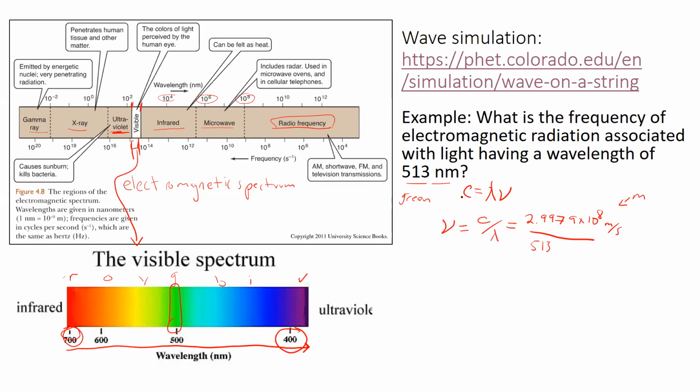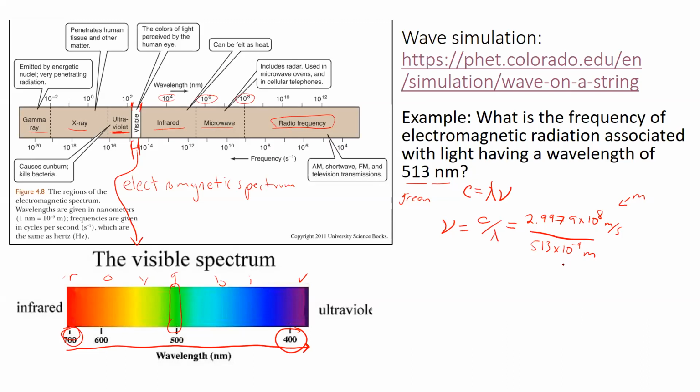That's one of those things to be careful about, changing that from nanometers to meters. So for 513 nanometers, all you have to do is put in the definition of nano, which is times 10 to the minus 9 meters.